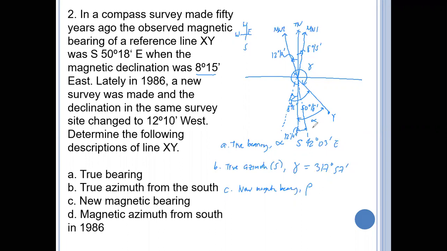So the magnetic bearing from this magnetic south to the location of our line segment XY, we label that as rho. So obviously rho is, it's actually 50 degrees 18 minutes, the given magnetic bearing, minus 12 degrees 10 minutes.